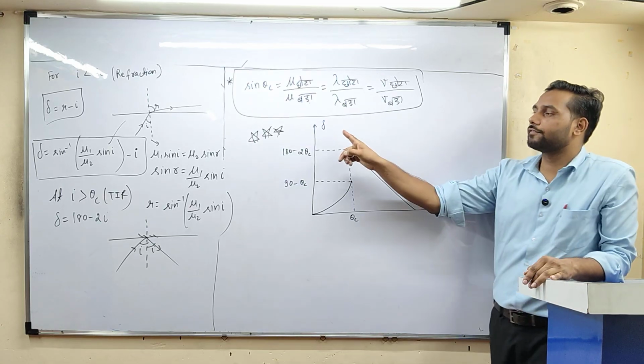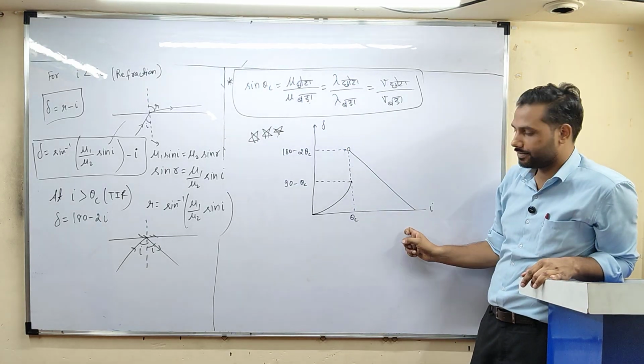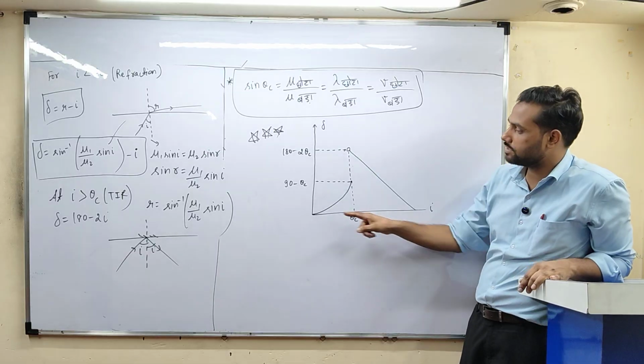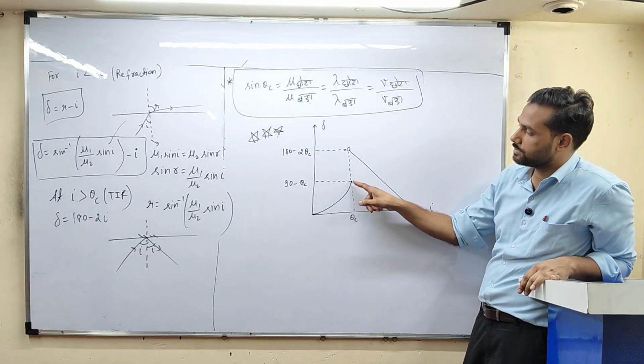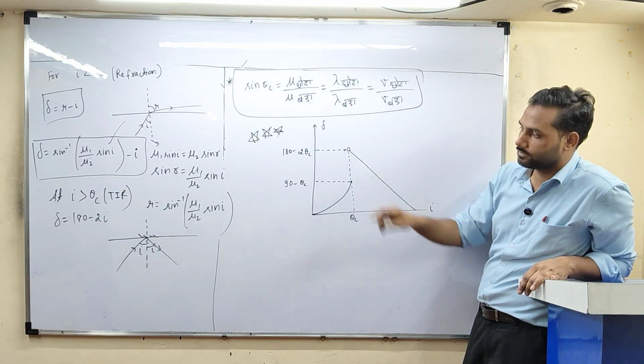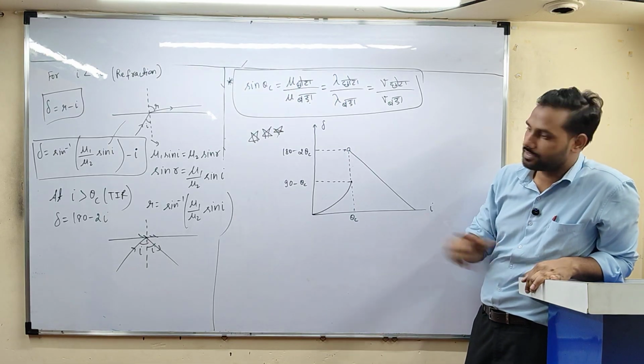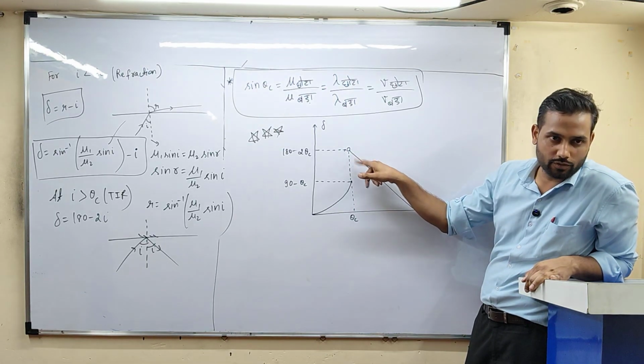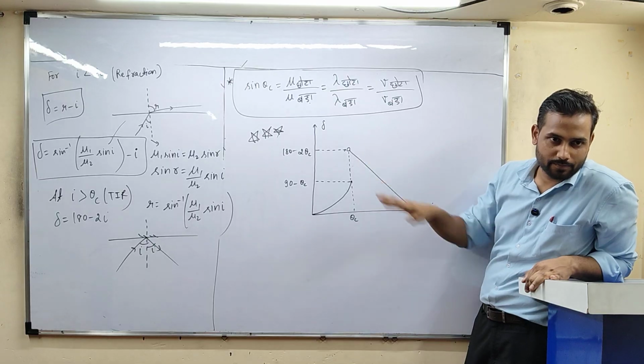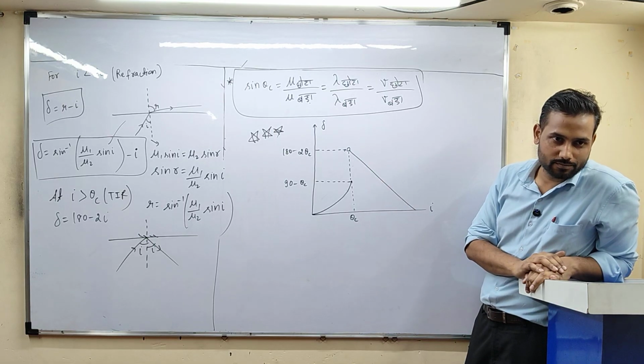This is the graph of deviation and I, angle of incidence. What happens in this scenario is that it keeps on increasing, then just jumps. There is no continuation. It's a breaking off, that graph is already broken. So be careful.